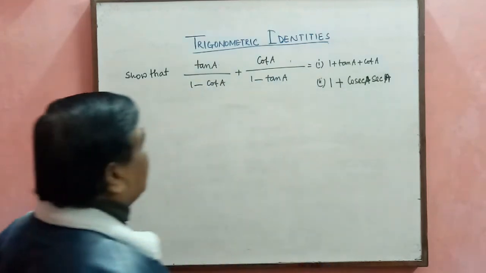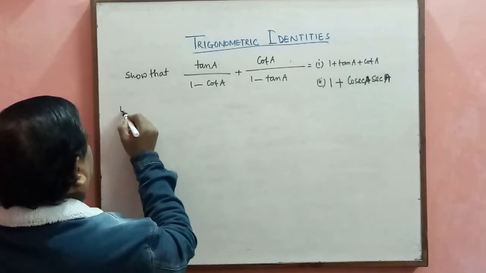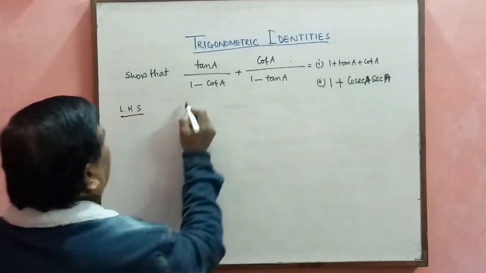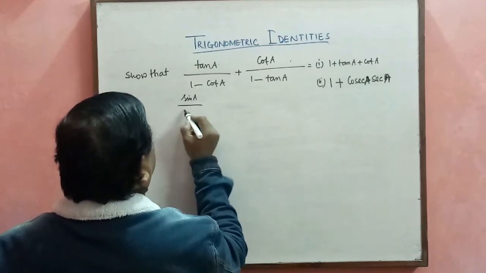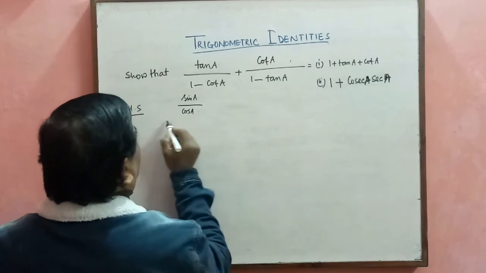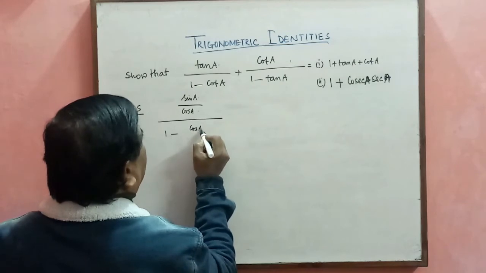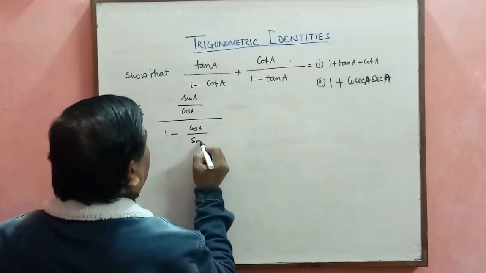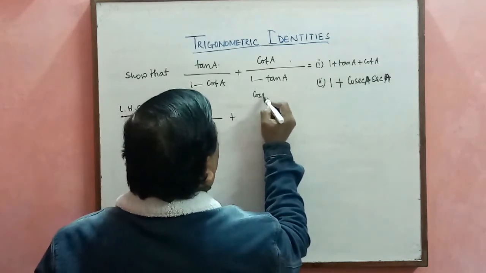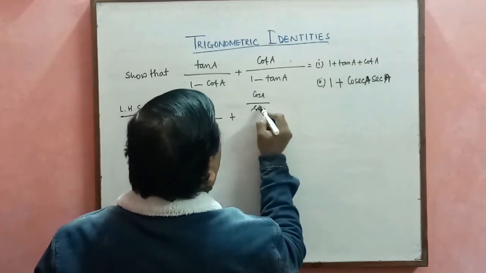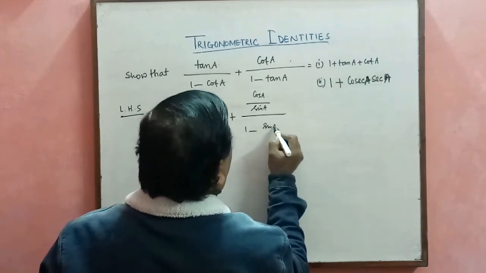So when we solve this one, left hand side, tan A I can split into sin A upon cos A. Very carefully you just follow it. This is 1 minus cos A upon sin A, plus this is cos A upon sin A, and this is 1 minus sin A upon cos A.